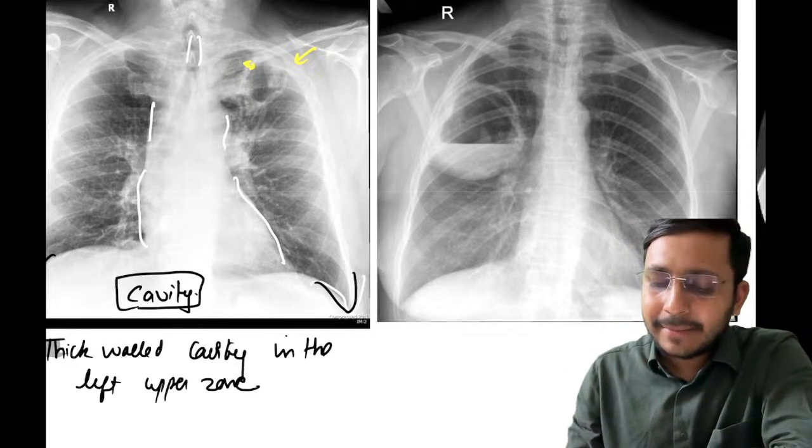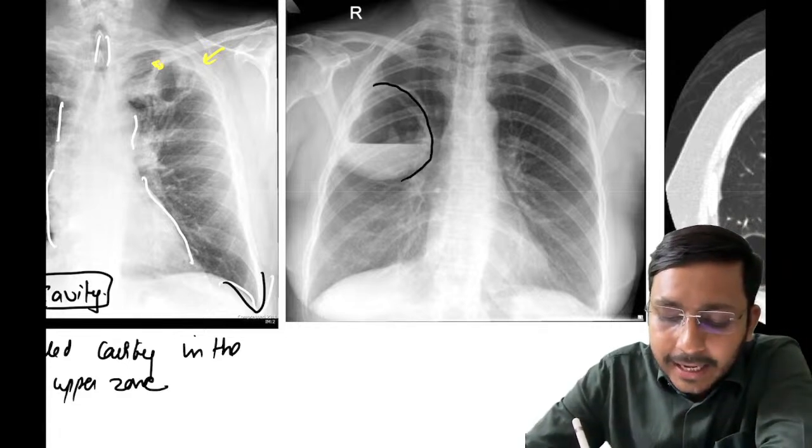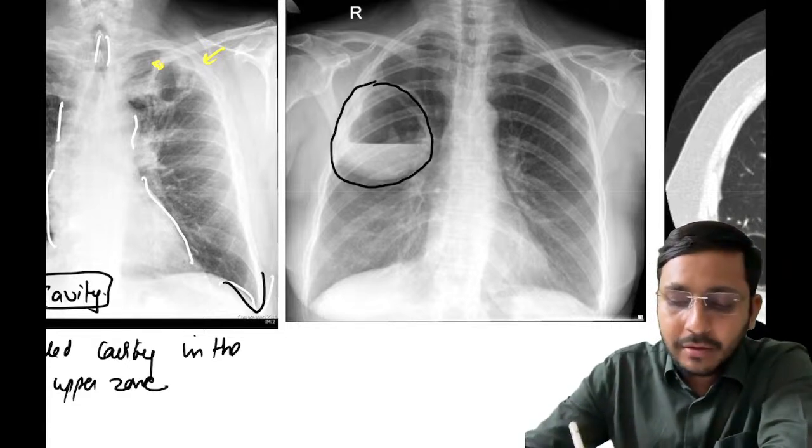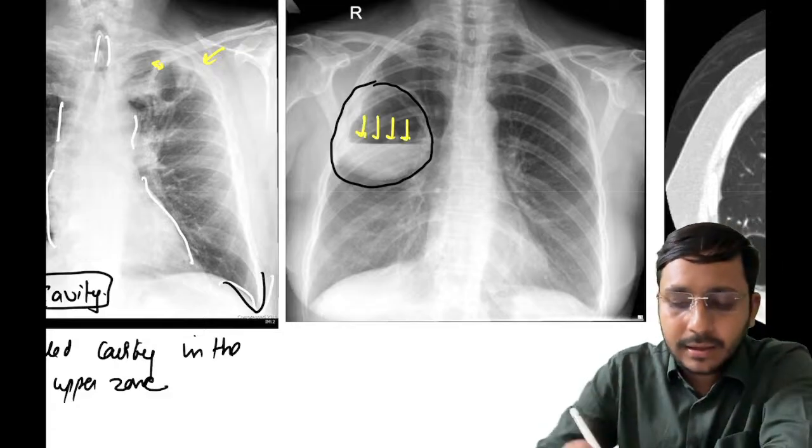Now, how will I describe this finding? I'll say that there is a cavity in the right upper and middle zone with air fluid level. देखो एक level दिख रहा है हमें यहाँ पे.